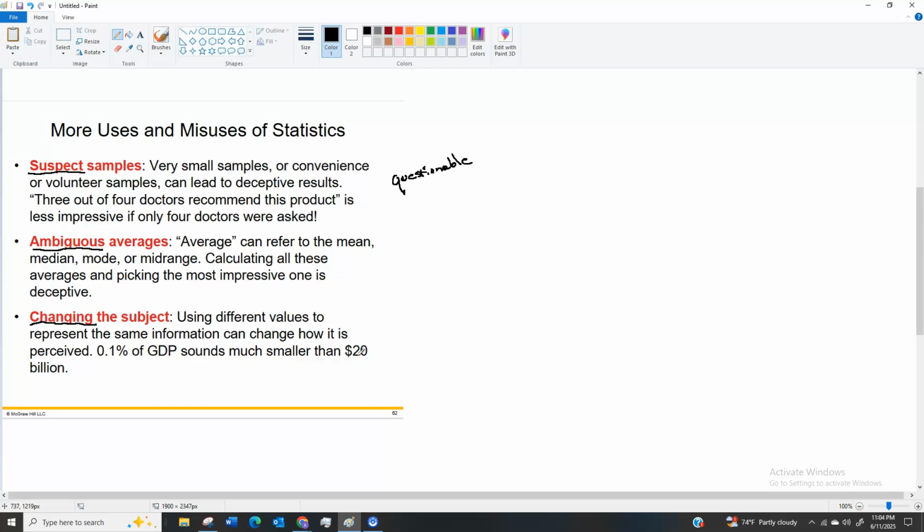If you wanted to say it had changed and you wanted to make it sound big, you could say it had changed by 20 billion. And so depending on how you decide to report that, in what sort of subject matter, in a percentage or in an actual dollar amount, makes it sound different depending on what you're doing.